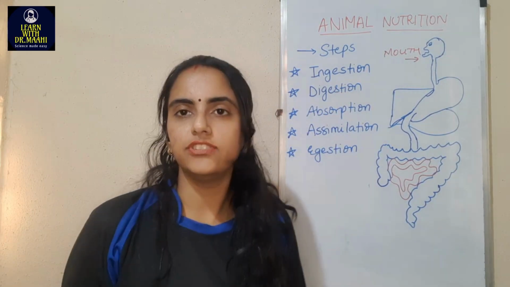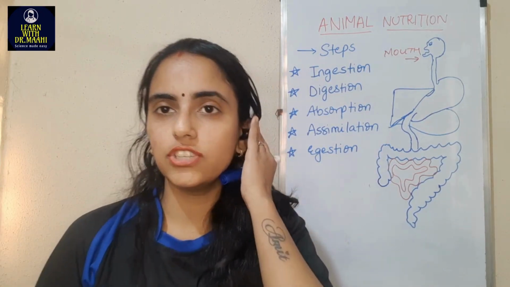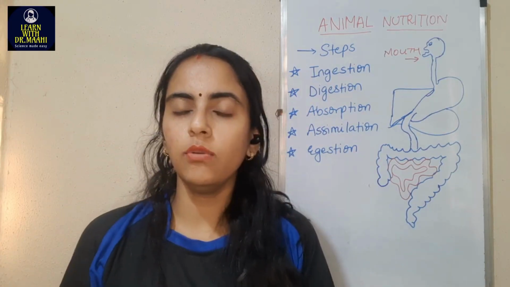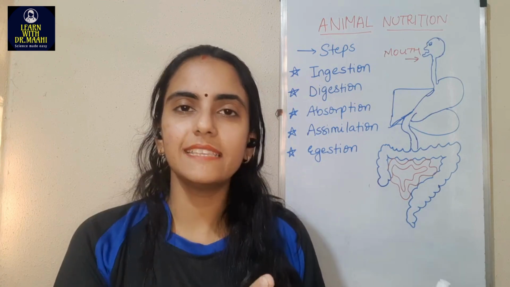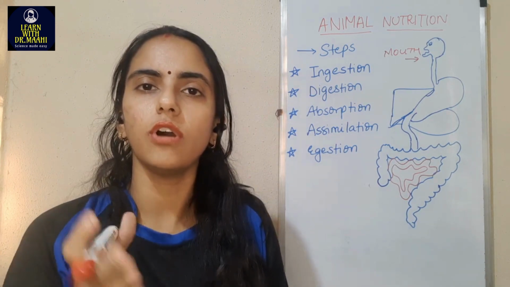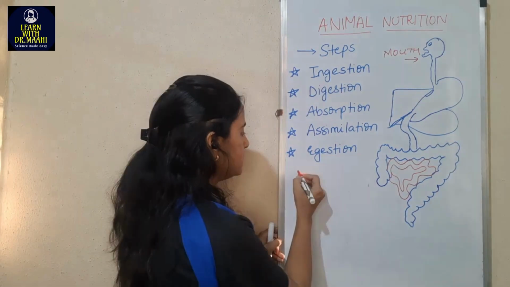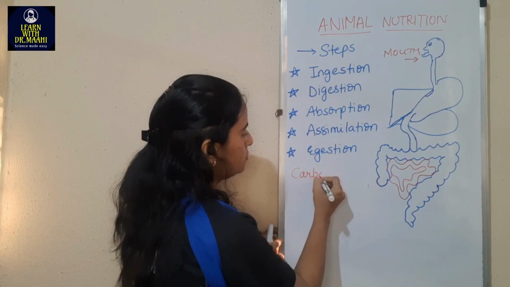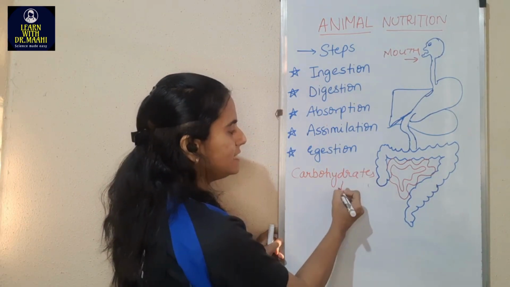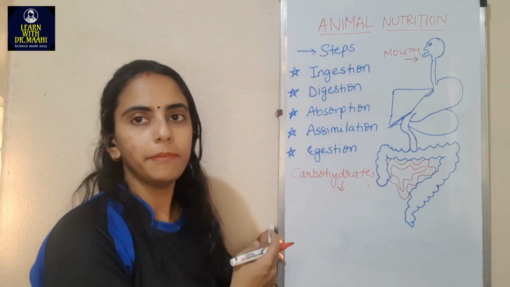Next is digestion. We keep using the word digestion, so what does digestion actually mean? Digestion is the breaking down of bigger molecules into smaller molecules. Big substances are broken down into simpler substances. Suppose we are consuming any food which is rich in carbohydrates. This carbohydrate is a complex substance.